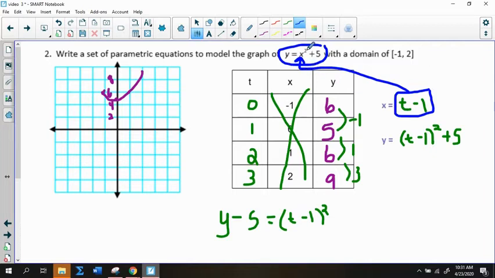So t minus 1 goes in for x here, and that's how you get t minus 1 squared plus 5. This second version in blue is definitely easier, but it's only easier if you already have the rectangular equation. If you don't, you still have to create that and do the substitution anyway. So it just depends on what you have and what you like best.